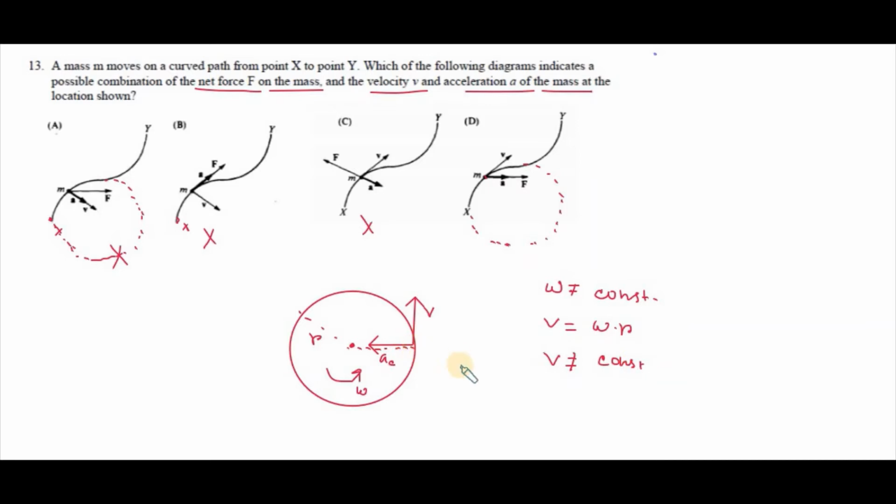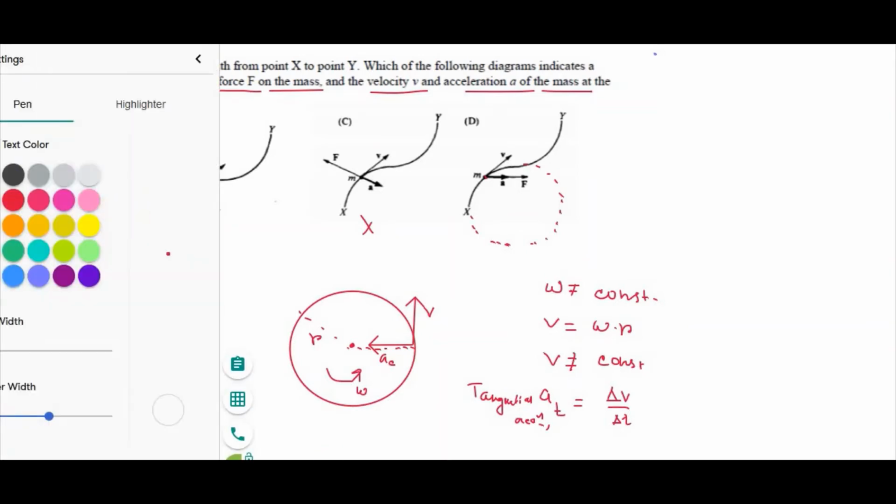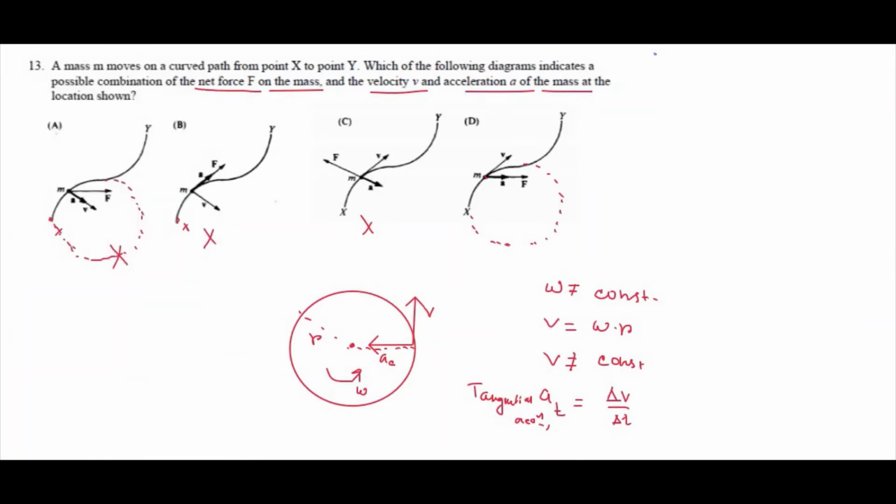In that case there would be acceleration along the tangential direction, known as the tangential acceleration, a_t. The expression of tangential acceleration is delta v upon delta t, meaning the change in the magnitude of the tangential velocity per unit time, and that acceleration is exerted along the tangential direction of the circle.